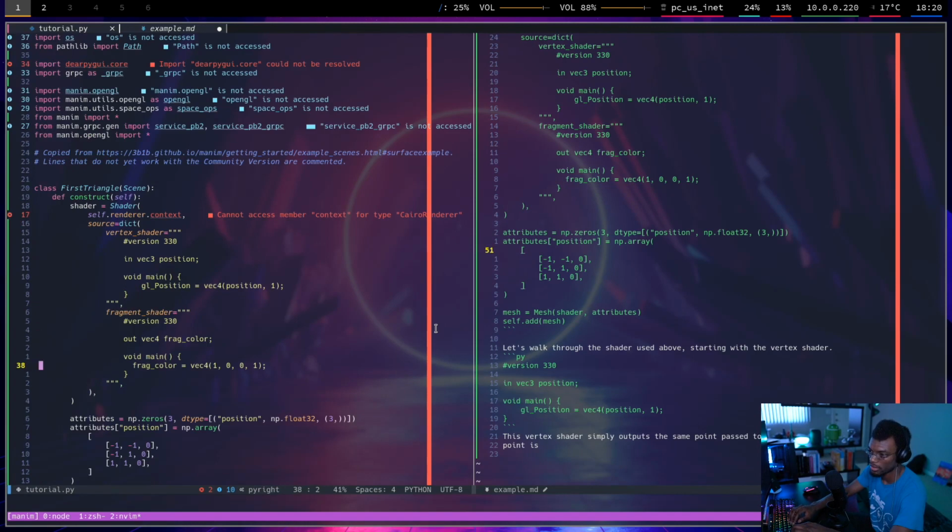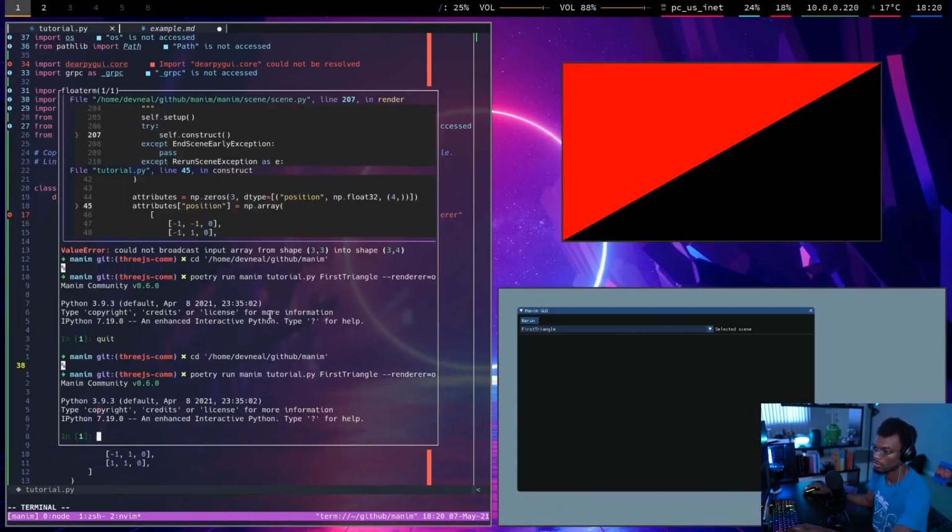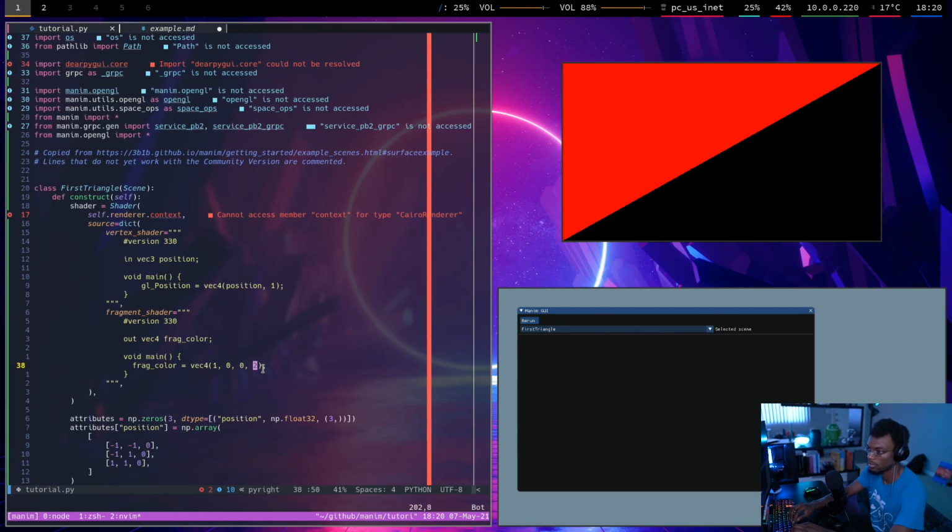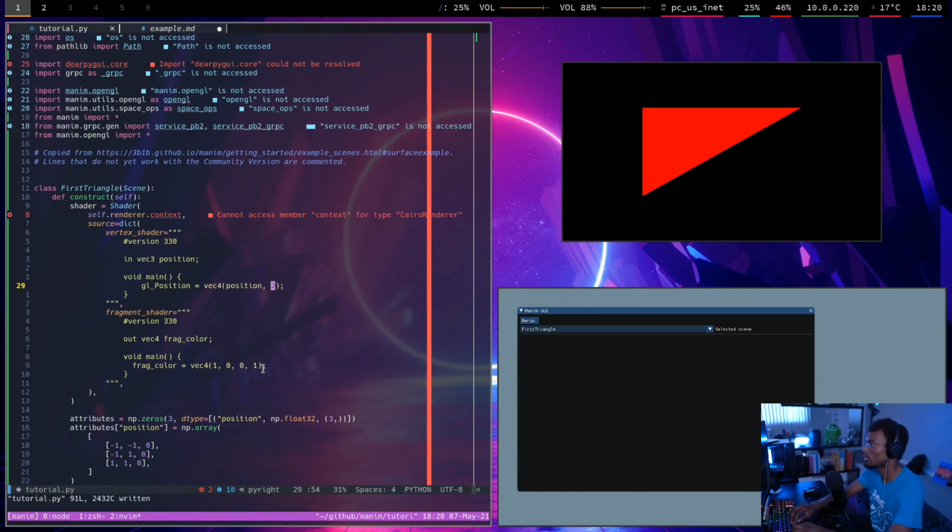Let me see, if I change this to a 2, for example, still nothing happens. To a 3, 4. Oh, this is the color. Change this to a 2. Okay, so it has the effect of sort of zooming. But I don't think in practice you ever have this a different value than just 1.